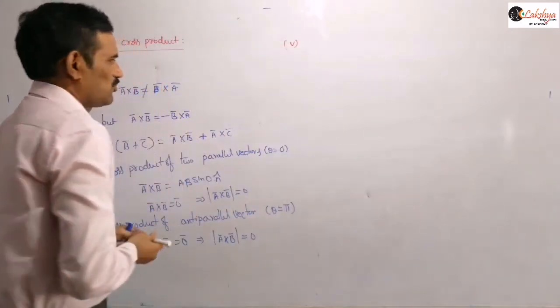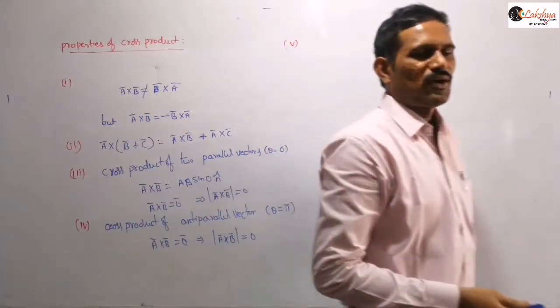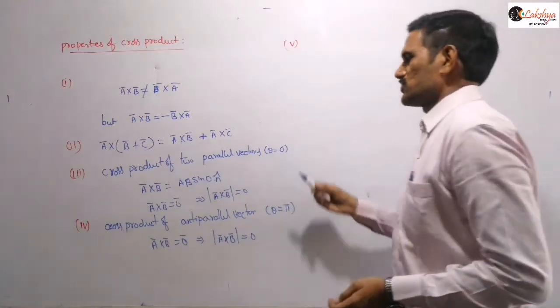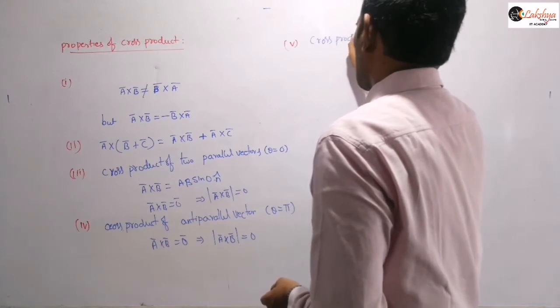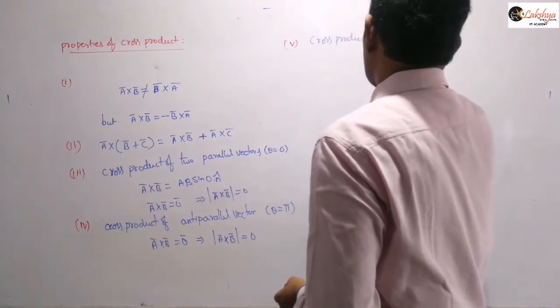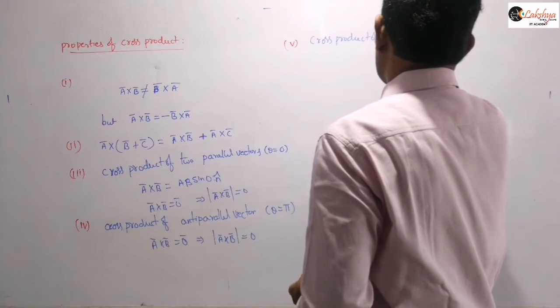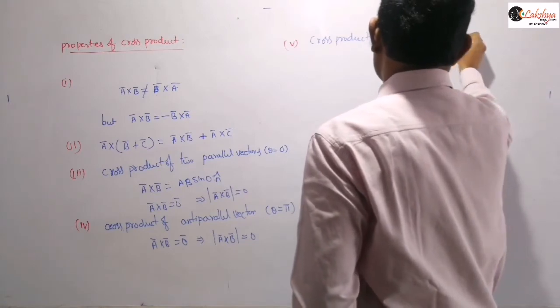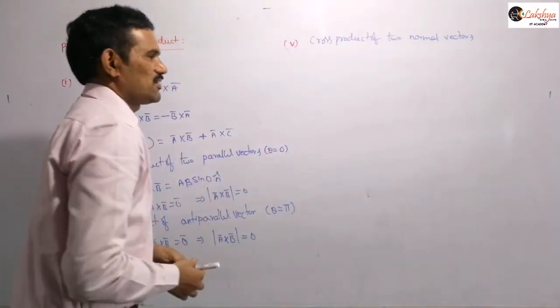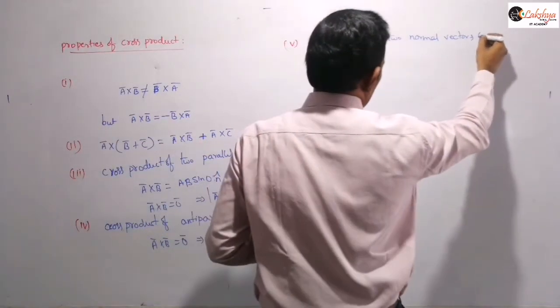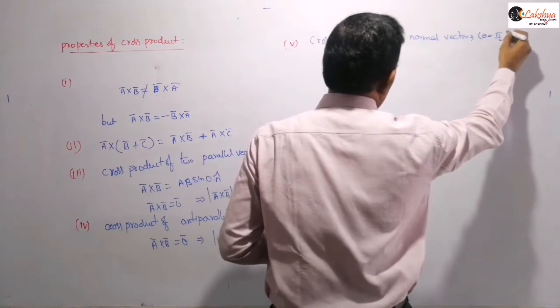Next, if I take the two vectors as normal vectors, so it is the cross product of two normal vectors. Normal vectors means the angle between them will be pi by 2, 90 degrees.